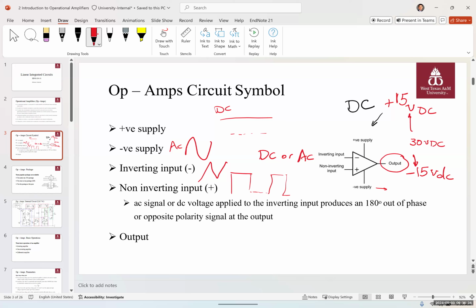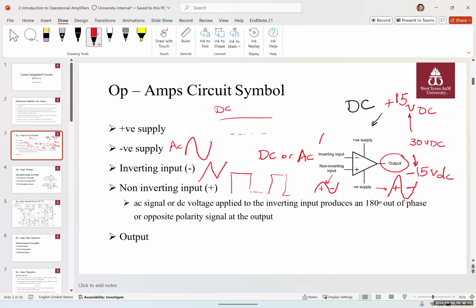If we give the signal to the non-inverting input, the output would be in the same phase. So for example, if I have a sinusoid signal like this in the input, the output would be the same phase, maybe a different amplitude, but it's going to be the same phase, meaning that in this cycle, if the sinusoid is positive and negative, it's going to be the same positive and negative.